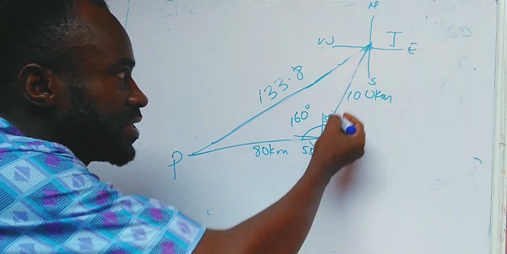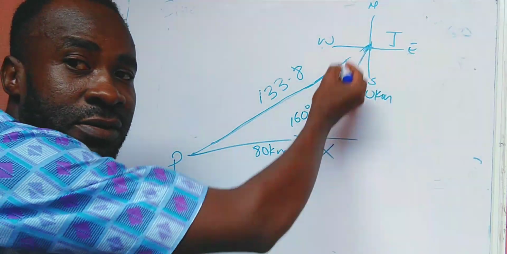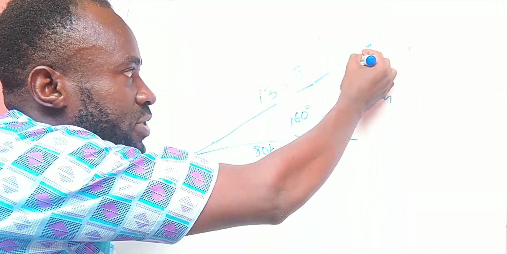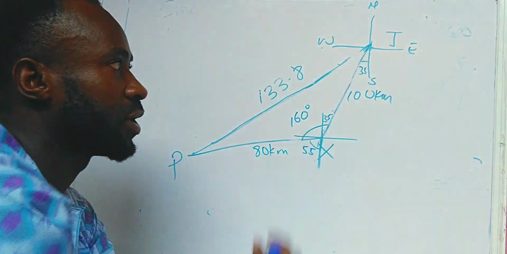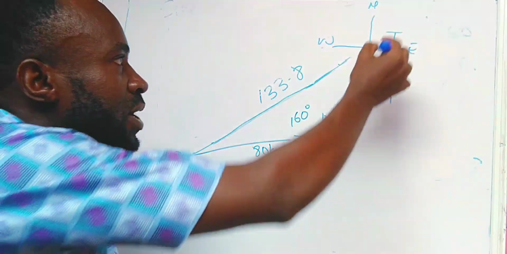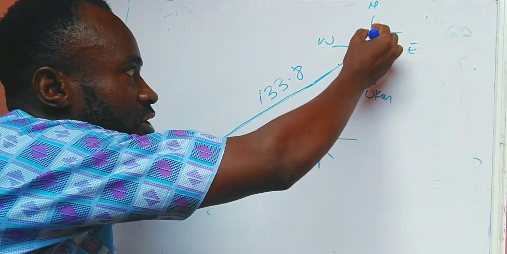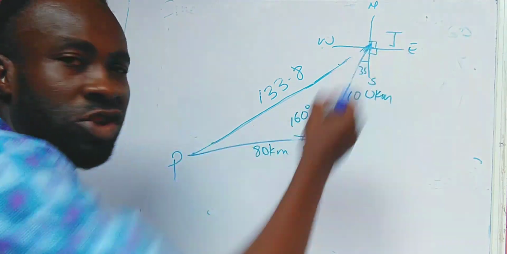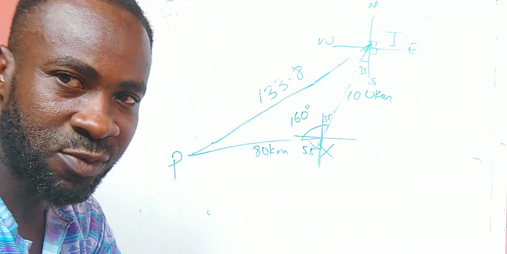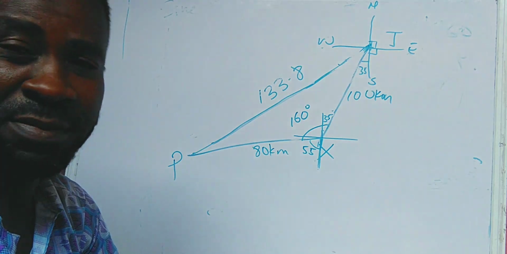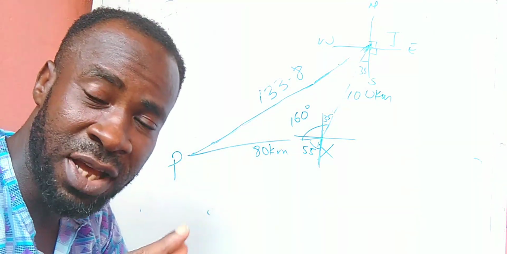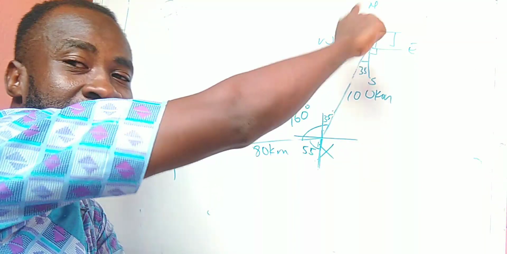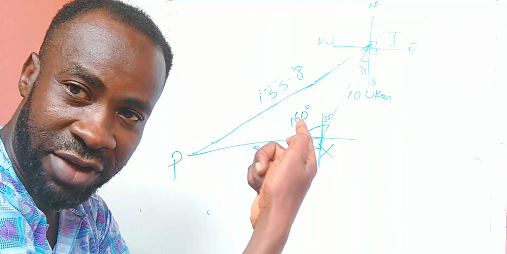Now if you look, this is an alternate angle, which means here will also be 35. Can you see that? And remember that here is 90, here is 90. So these two angles will give us 180. Now recall that the bearing is always taken from the north and moving in a clockwise direction.